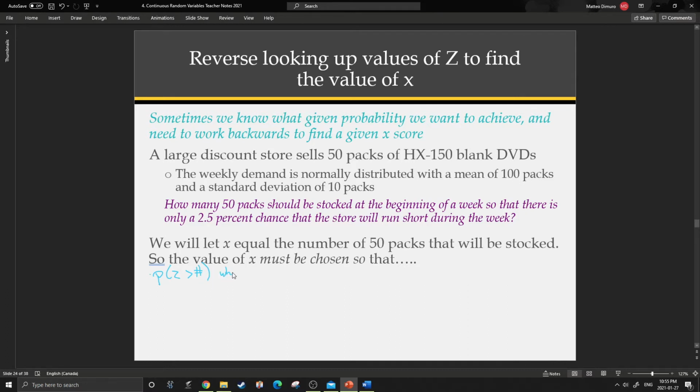Where that number represents the value of the normal curve. That is, only a 2.5% chance the store is going to run short. So 100% minus 2.5%, or 97.5% of the curve.